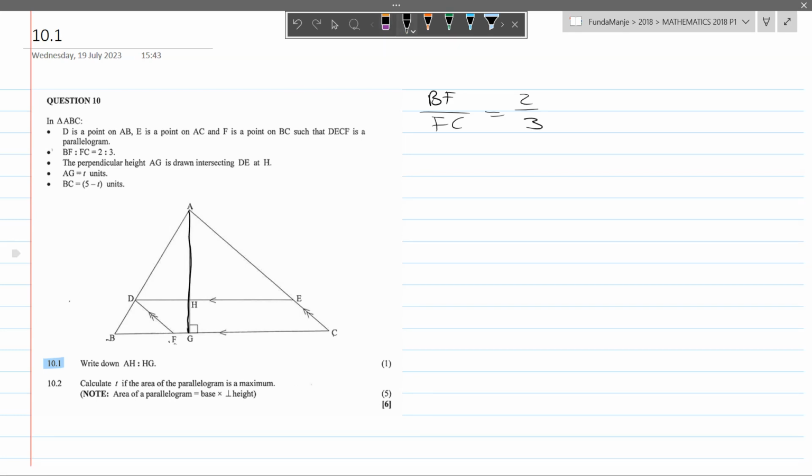We need to get the ratio of AH, which is this long part, over the short part. So AH over HG. Since BF over FC is equal to 2 over 3, then AH over HG will be equal to 3 over 2.